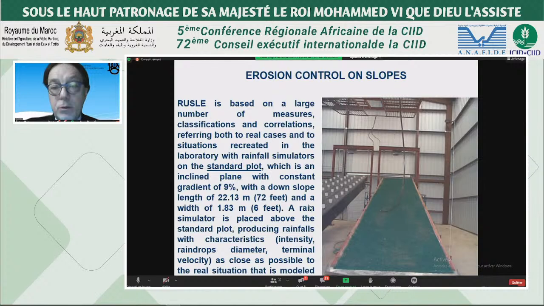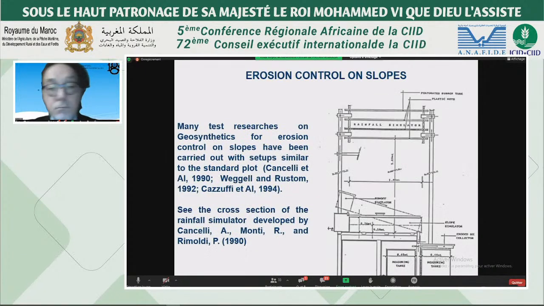Donc, un simulateur est placé sur le plot standard en produisant un ruissellement avec des caractéristiques d'intensité, etc. Beaucoup de recherches sur la performance de la protection, le contrôle de l'érosion ont été faites avec des standards similaires. Ce qu'on voit là, par exemple, une cross-section de simulateurs de ruissellement.